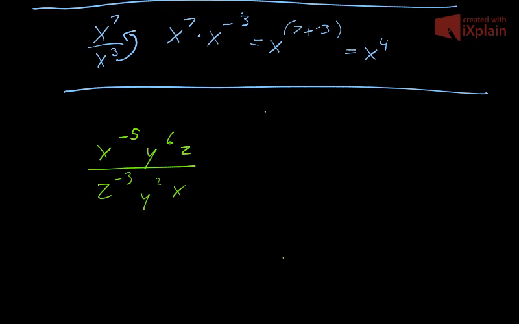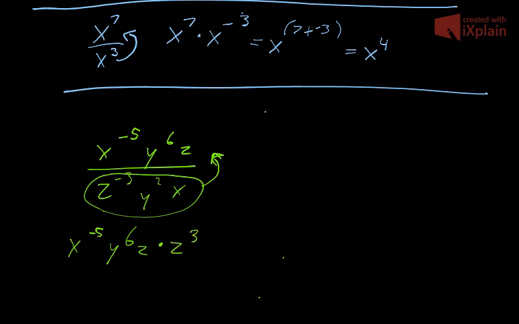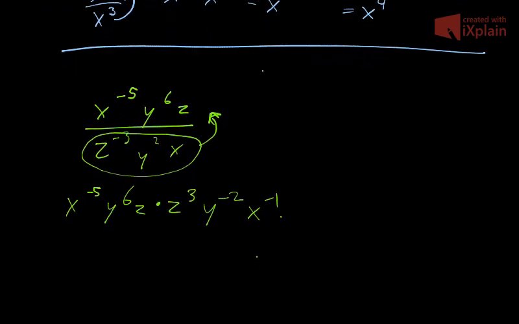And again, what I'm going to do is get all these on the bottom and try to move them up top. And how I do that is I just take their exponents and make them negative. So I'm going to have x to the negative 5th, y to the 6th, z, times z to the negative 3 is going to become z cubed, y squared is going to be y to the negative 2, and x is going to become x to the negative 1.